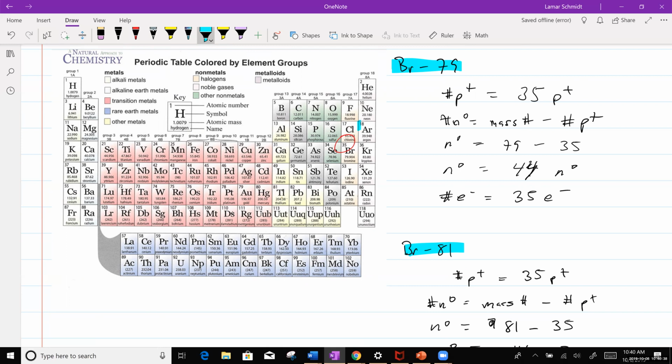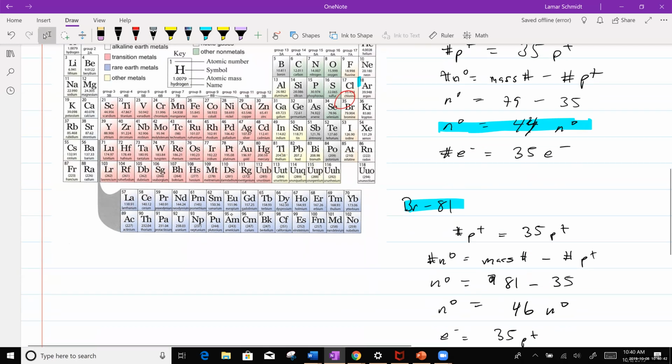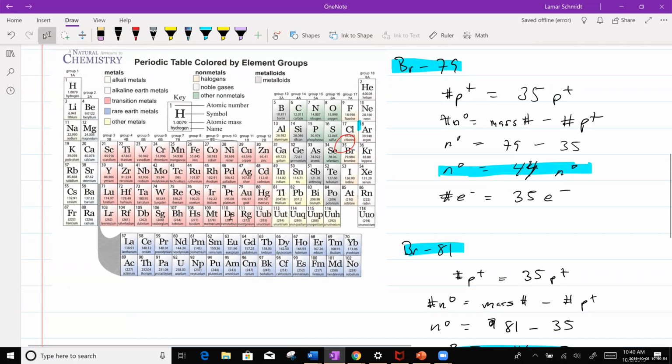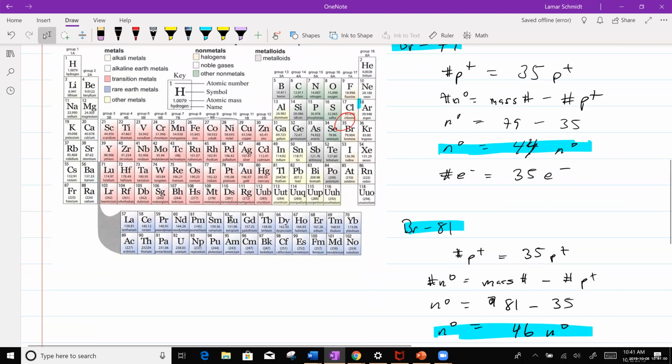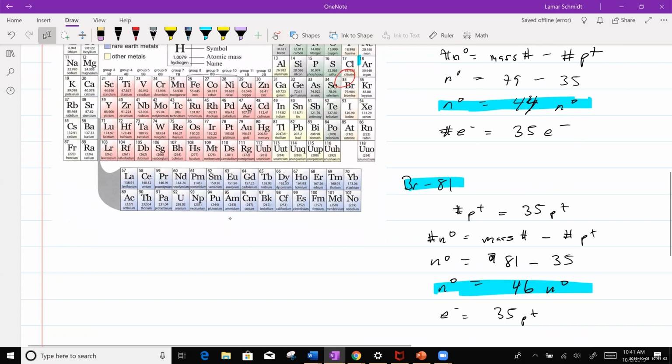Because bromine 79 has 44 neutrons, but bromine 81 has 46 neutrons. So the difference between bromine 79 and bromine 81 is the number of neutrons. So they're atoms of the same element, but they have a different mass. This one is 79, this one is 81. Why do they have a different mass? Because they have a different number of neutrons.